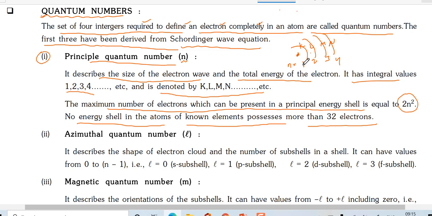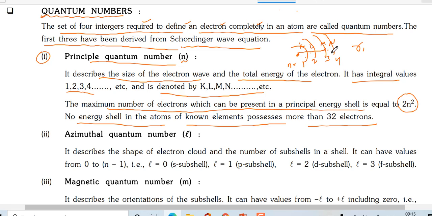So what information is given by this principal quantum number? Suppose I am telling the electron is in the third orbit or third shell. Then you can guess how much distance it is from the nucleus, so indirectly it is telling the radius.